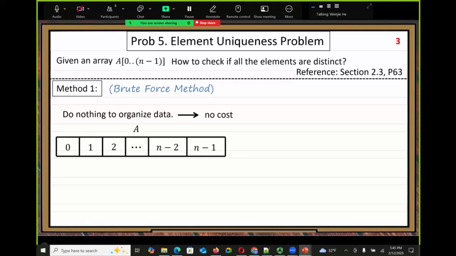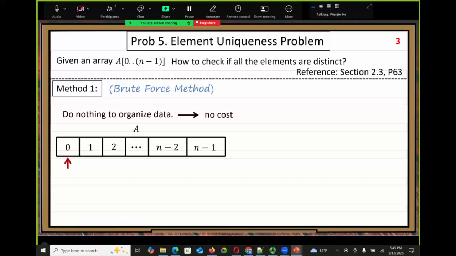In this diagram, we can imagine we have n elements. These numbers, you can treat as the input data. Then we do comparison here.